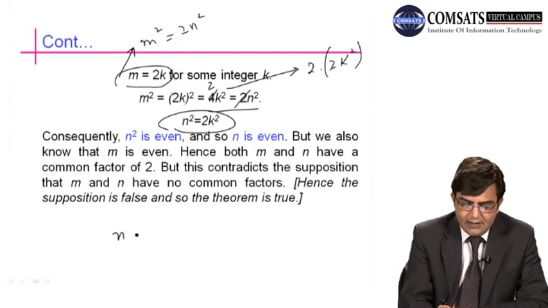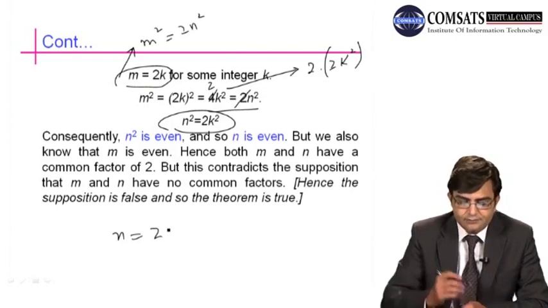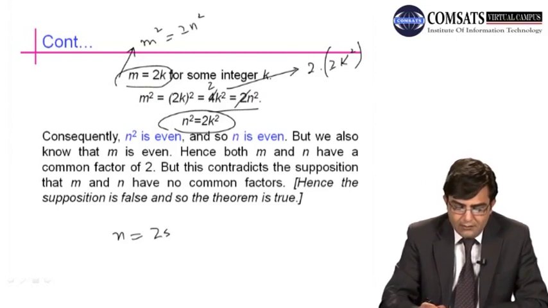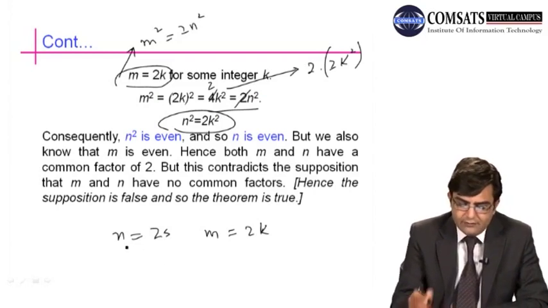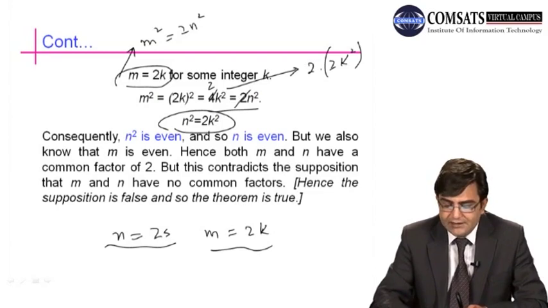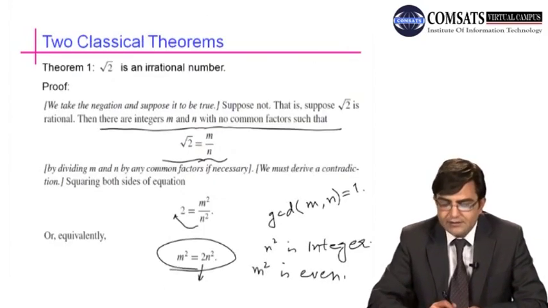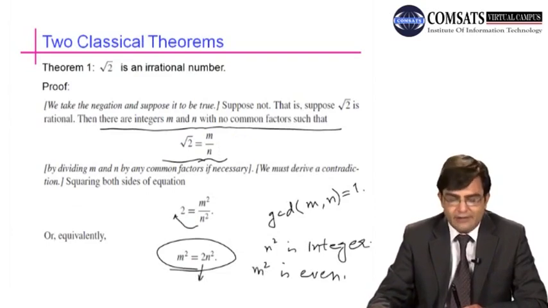If n is even, then n can be written as 2 into some integer, say s. Now m is also written as 2 into k. We supposed that the GCD of m and n is equal to 1, or m and n have no common factors.